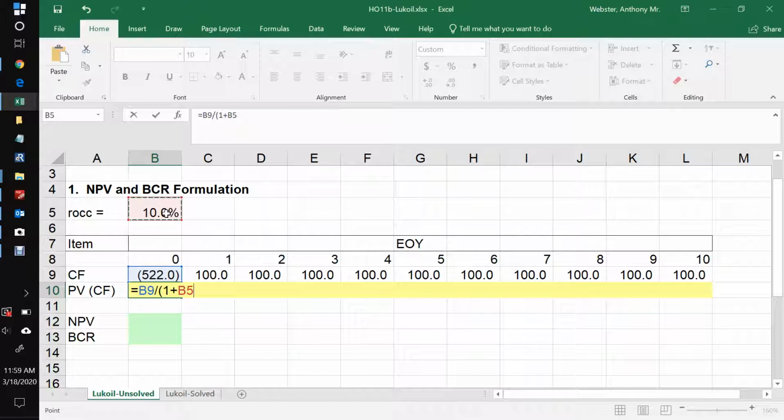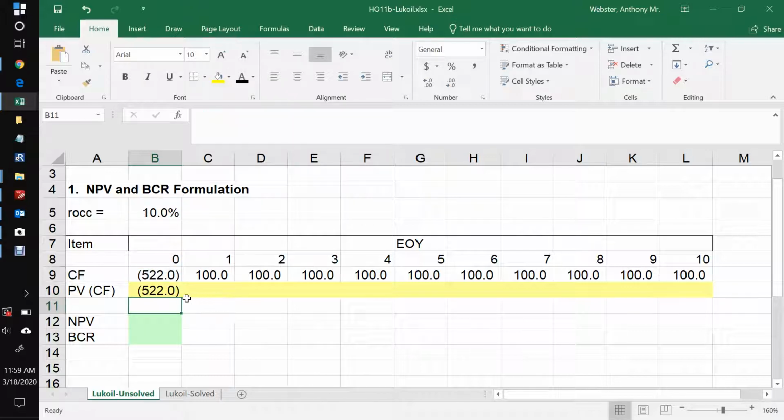I'm going to hit F4 to lock that down. You see how I've locked that down with dollar signs there? And then I raise that to how much time has elapsed until we get that cash flow? 0. So I'm going to point to B8 instead of hard coding in a 0 there.